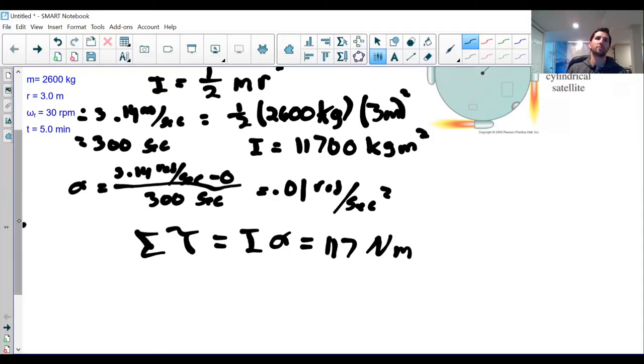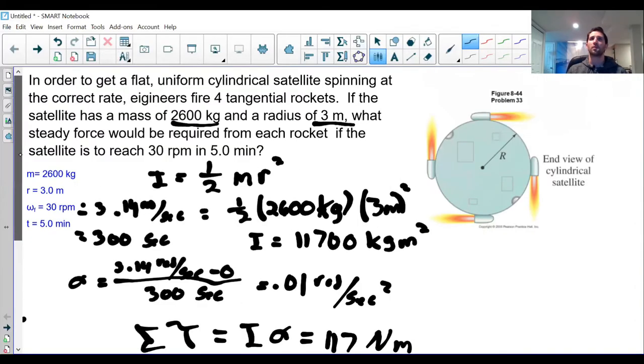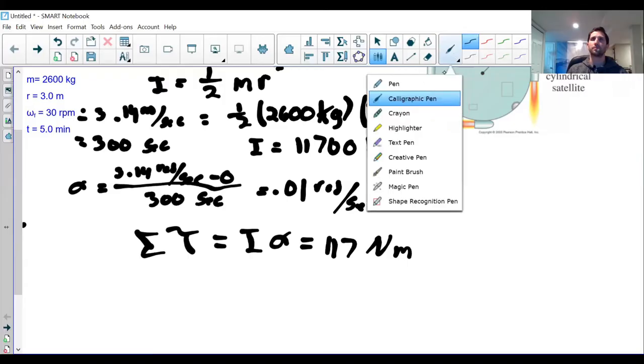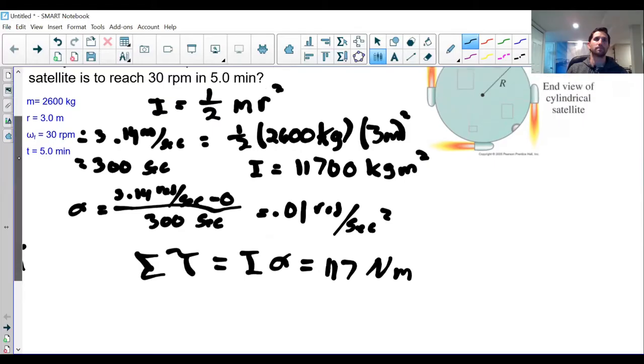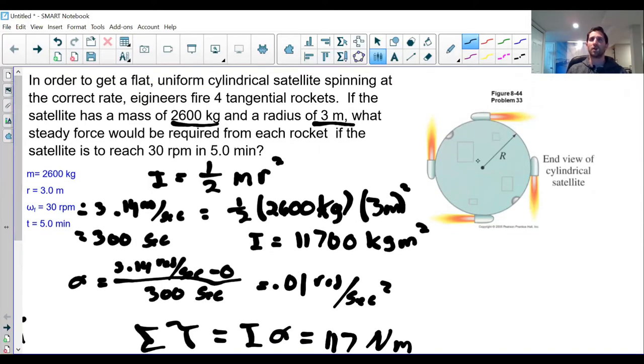So if we go back up here, I'm going to change pens too. Each of these 4 rockets is exerting a force. For example, this rocket is pushing in this direction on the satellite, and each of the rockets does something similar.